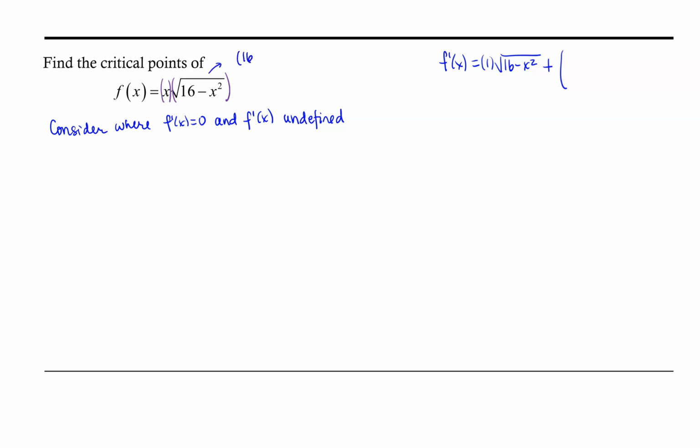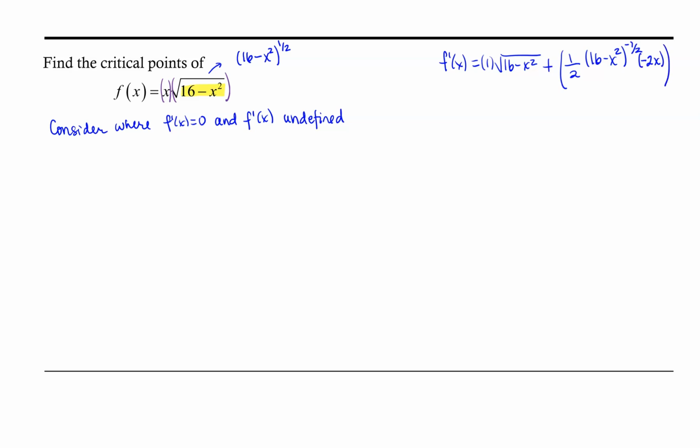Recall, this is the same as saying 16 minus x squared to the 1/2 power. So our derivative is going to be 1/2 times 16 minus x squared to the 1/2 minus 1, so negative 1/2. And then, because our argument is 16 minus x squared, we're going to have to use the chain rule, so we will multiply by negative 2x.